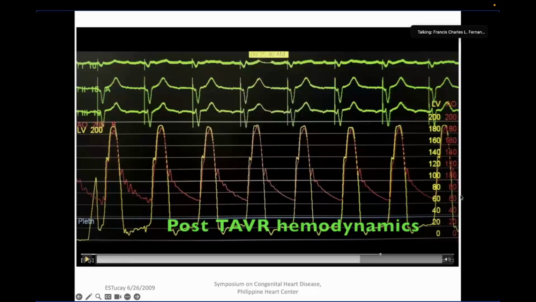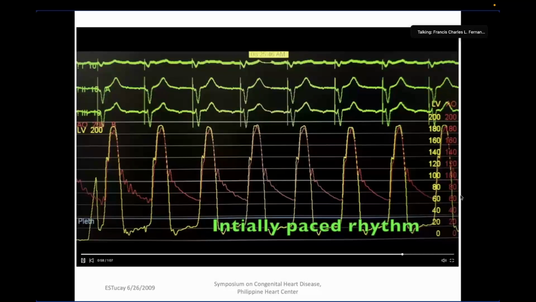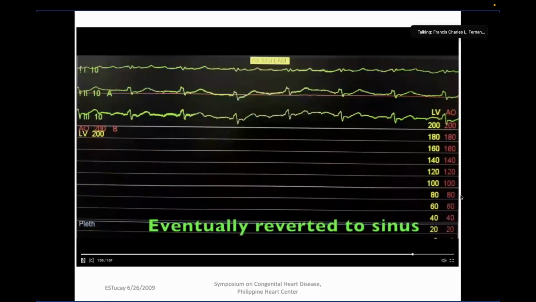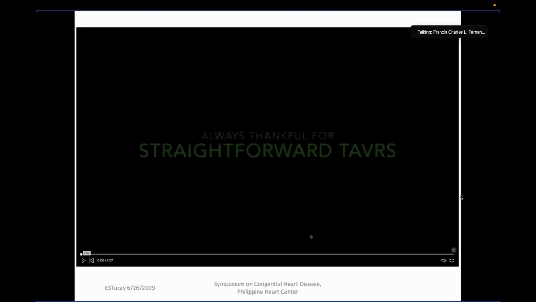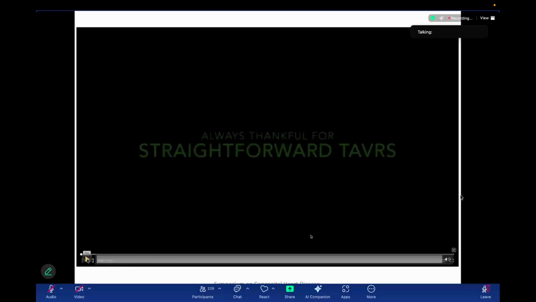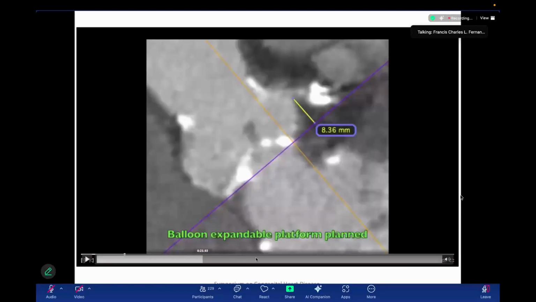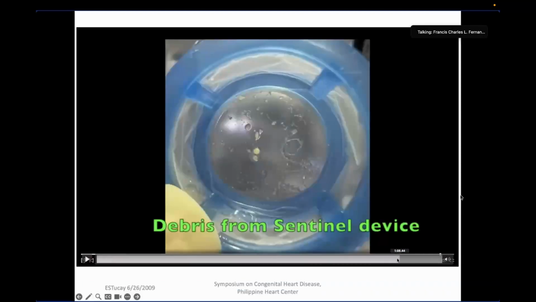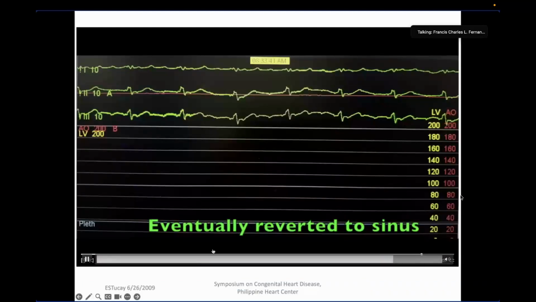Okay, so there might be some transient heart block that occurred. So you have paced rhythm initially, later naging sinus rhythm.